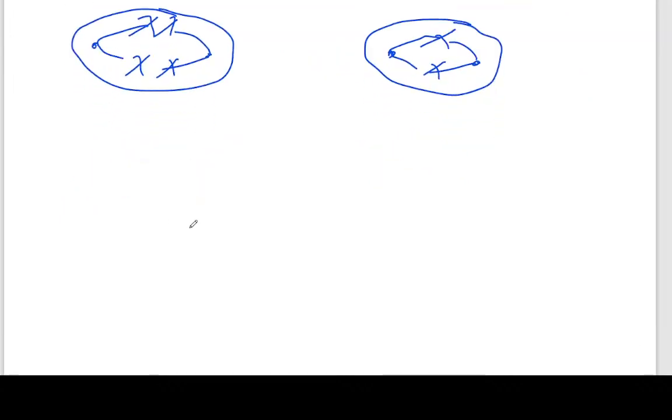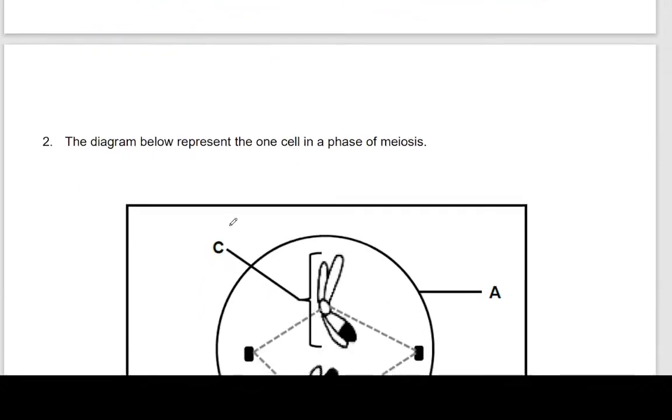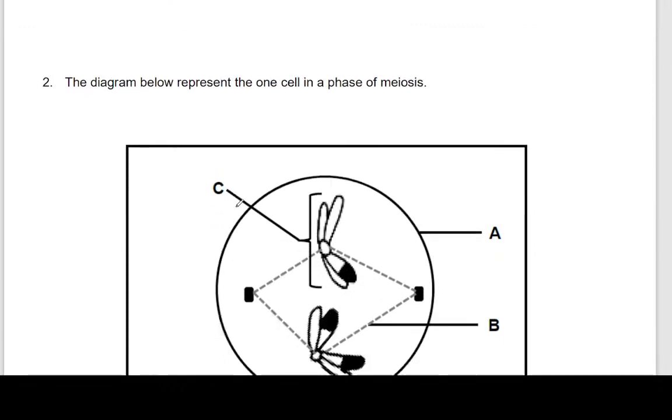You can't go to the paper without knowing the concept of metaphase, or the concept of prophase, whereby crossing over takes place. After going through this, you won't regret it when you write the paper. Before you write it, come back and watch this video so that your revision time is minimized.